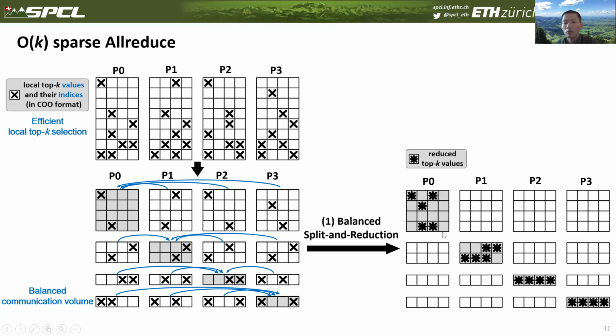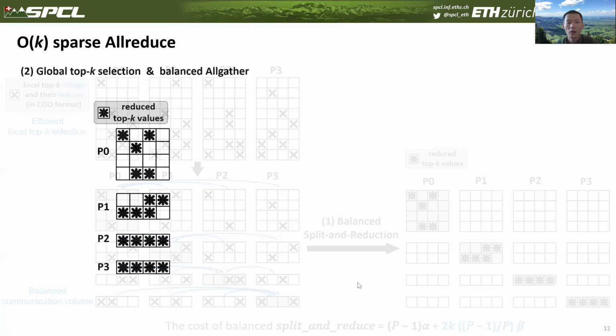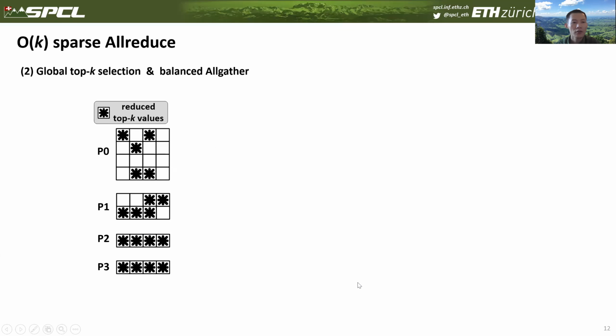After that, each worker will conduct reduction for the region that it is responsible for. And the communication cost of the balanced sparse reduce is modeled by this formula. And after the reduction phase, it will also conduct an all-gather phase.